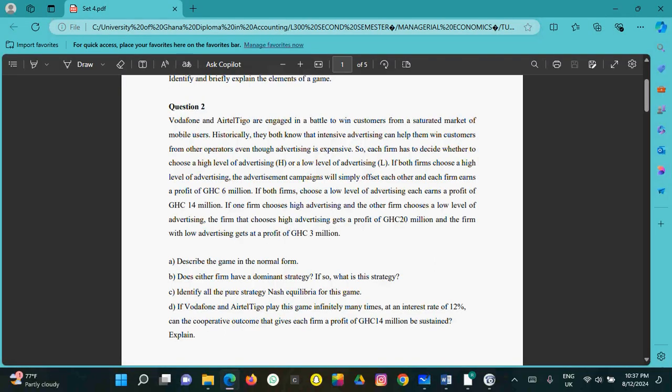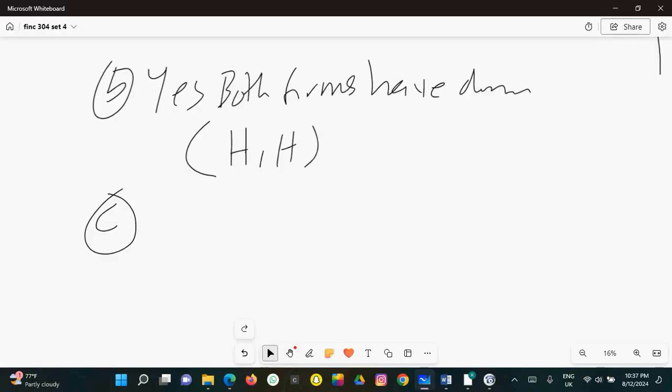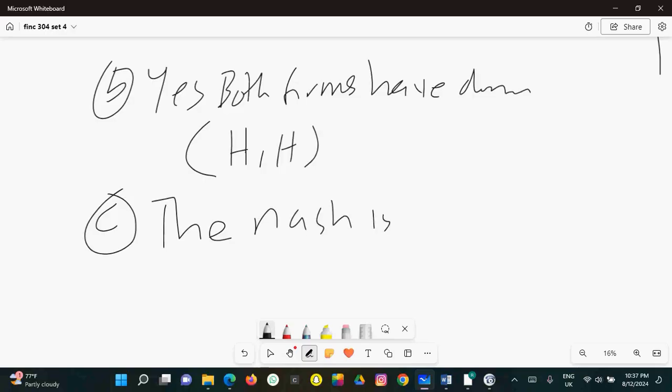C was to identify the pure strategy Nash equilibrium for this game. So just write it as: the Nash equilibrium for this game is to play high advertisement for both firms. This is where two best responses meet, right?